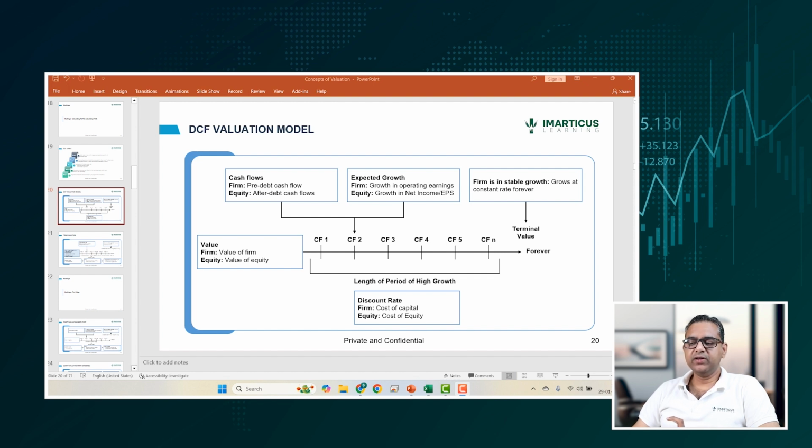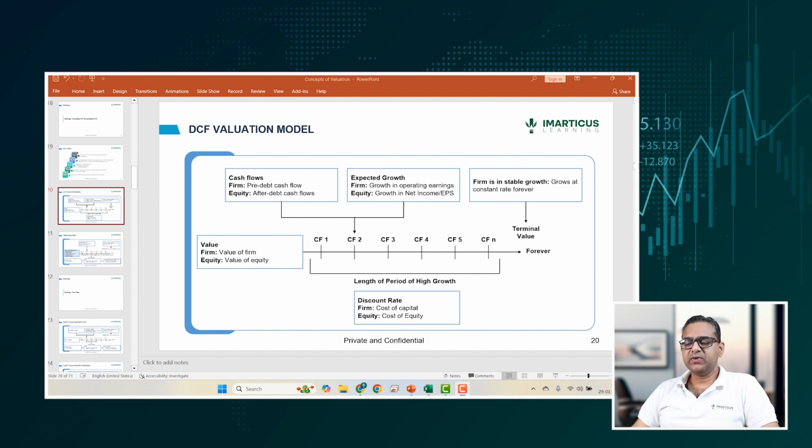So again, it could vary from company to company. For a large stable company, this could be a very short period, and then we will assume it will grow at a constant rate forever. Whereas for a high growth company, which is currently niche in the business and expected to grow faster, for example, let's say we have Zomato or Birla Opus just entering into the business, or these kind of business models which are relatively new, where the market capture is yet to happen, so we can expect a higher growth for longer.